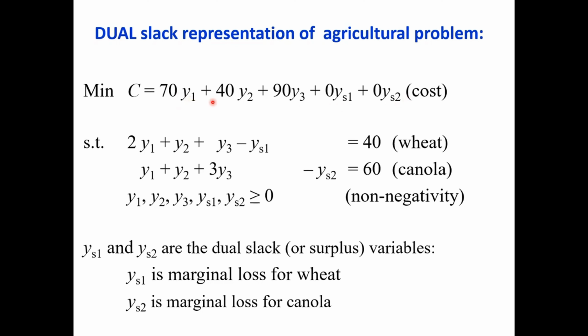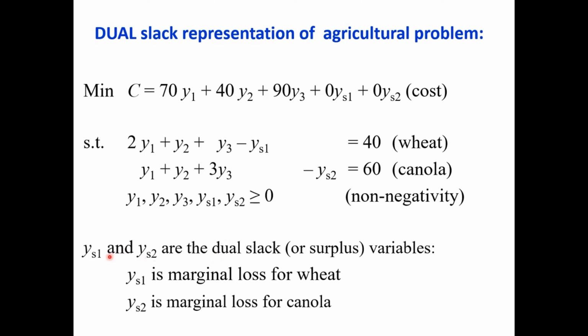So 70y1, 40y2, 90y3, 0 times the first slack, 0 times the second slack. Then we have 2y1 plus y2 plus y3 minus the first slack is equal to 40. y1 plus y2 plus 3y3 minus the second slack is equal to 60. All of these variables have to be non-negative.